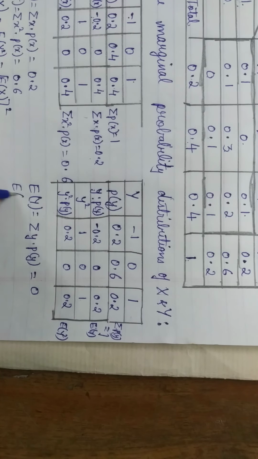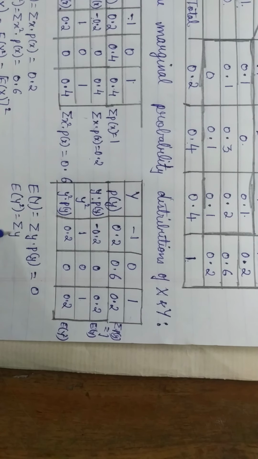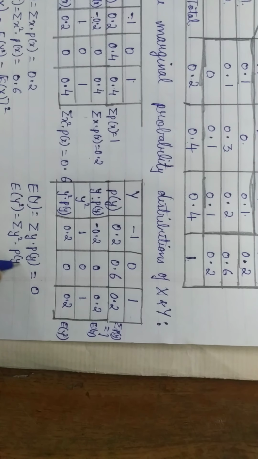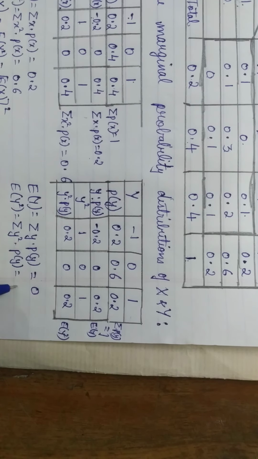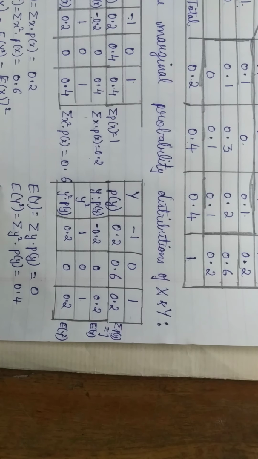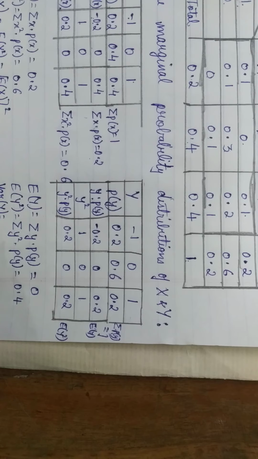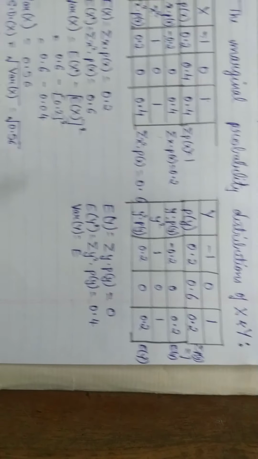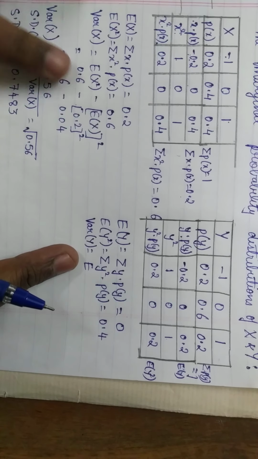E of y square is equal to summation of y square into P of y, which is equal to, add up this, you will get 0.4. Then variance of y, just like how you found variance of x, similarly you have to find variance of y.